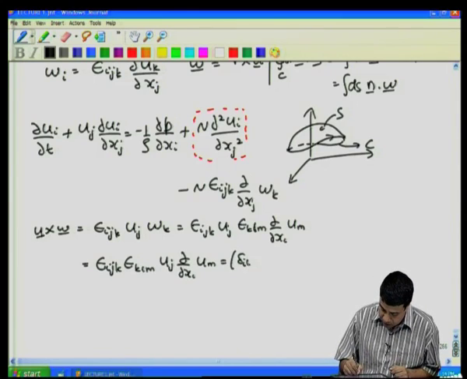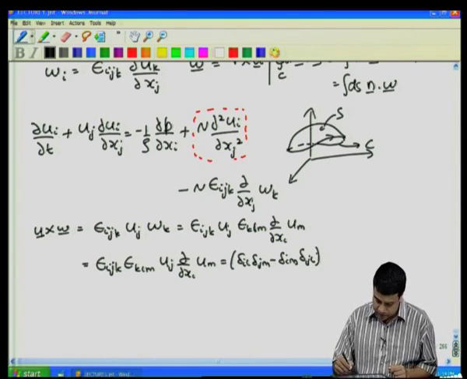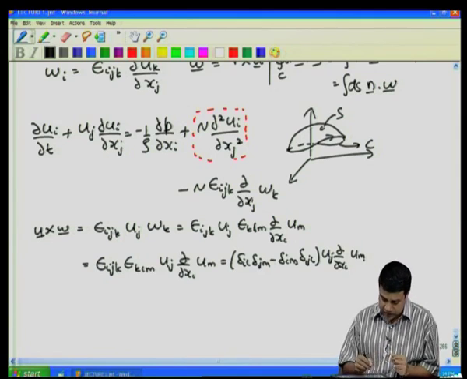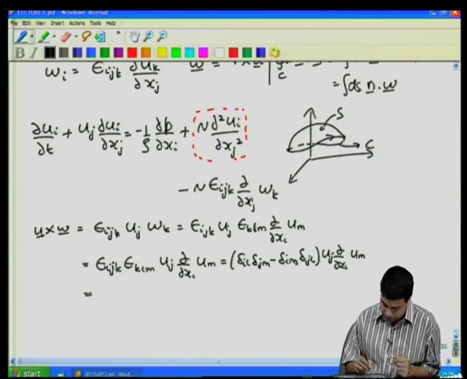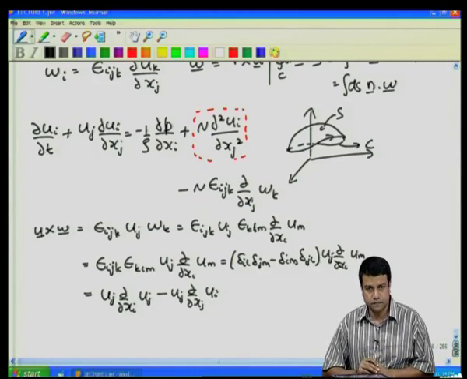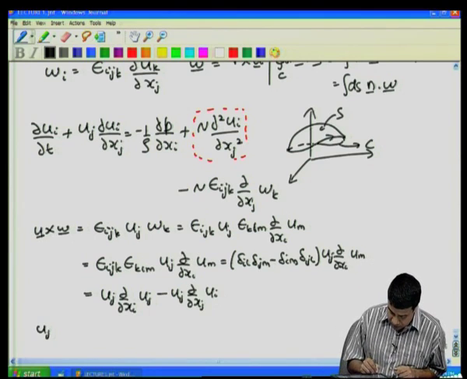This is delta_il delta_jm times, and I can write this as, so what this implies is that the convective term, u_j partial u_i by partial x_j, is equal to minus.